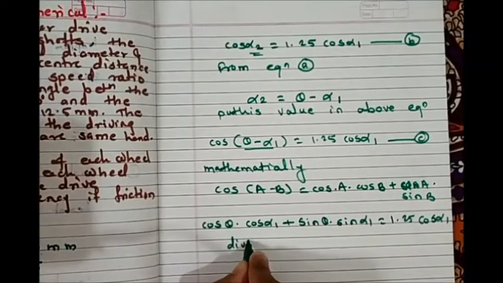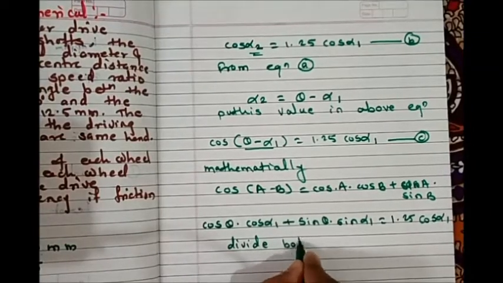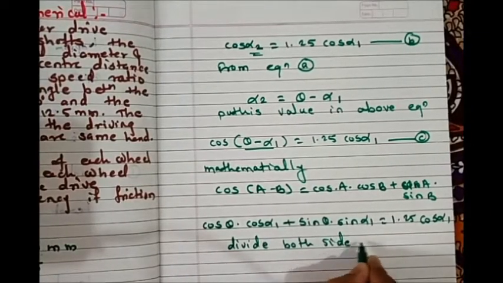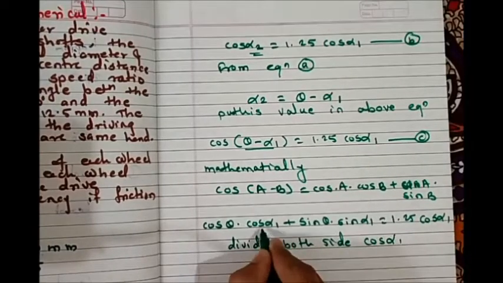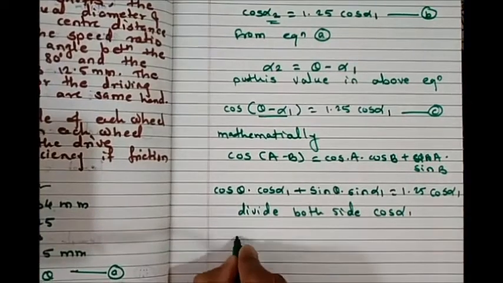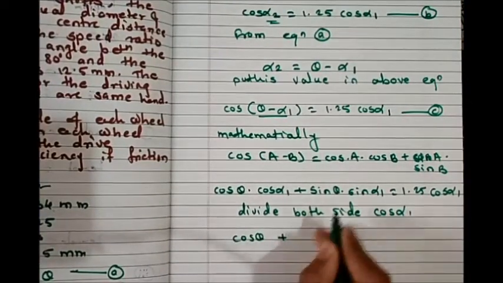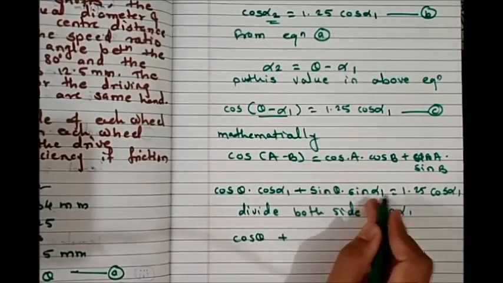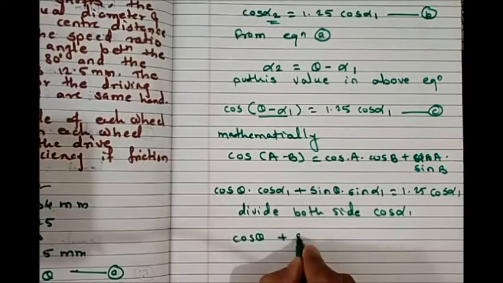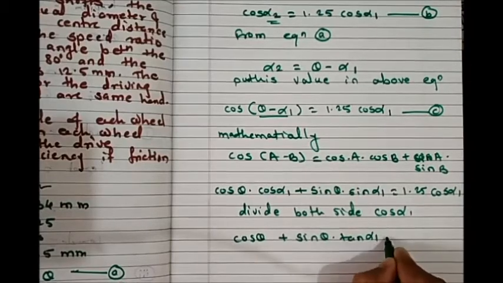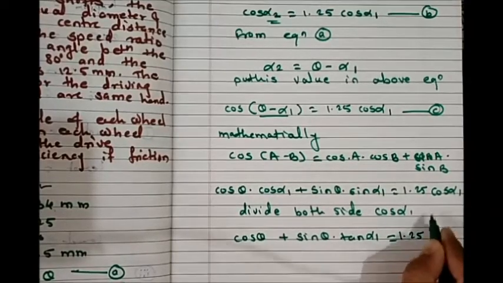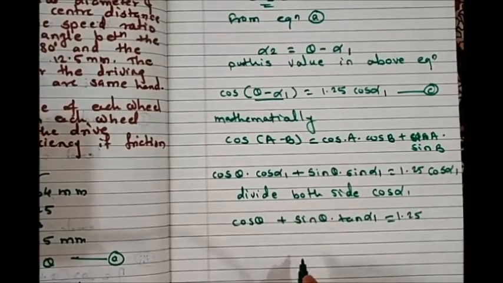Now divide both sides by cos of alpha 1, so cos of alpha 1 gets cancelled. What remains is cos theta plus sin theta, and sin alpha 1 divided by cos alpha 1 becomes tan of alpha 1, is equal to 1.25.